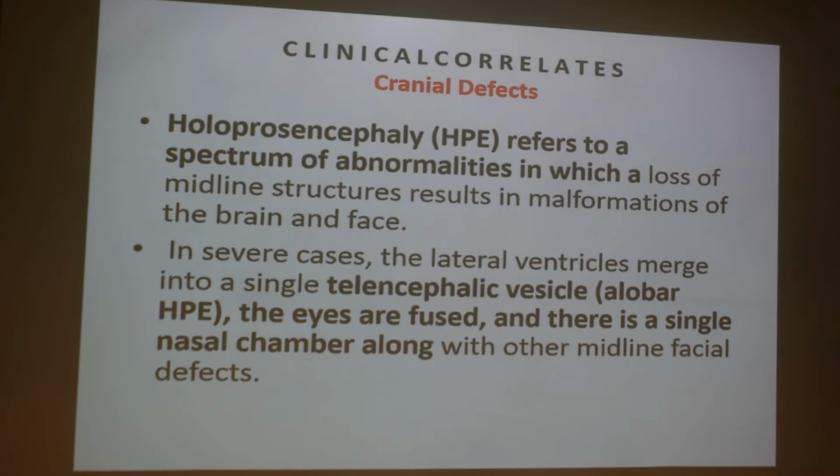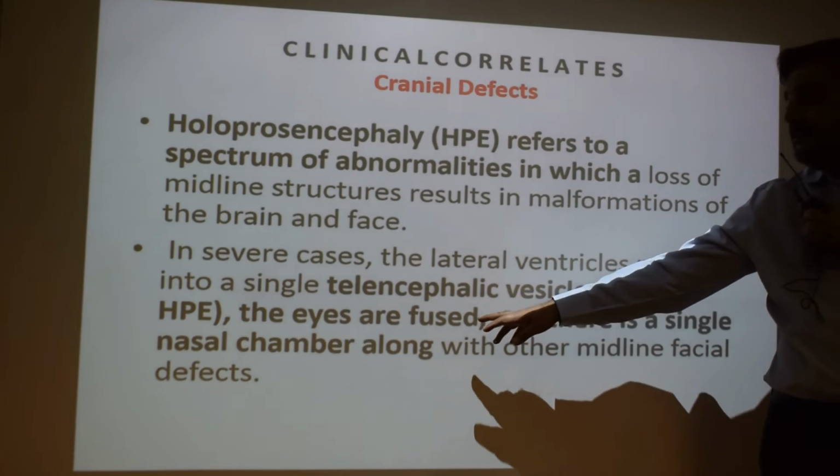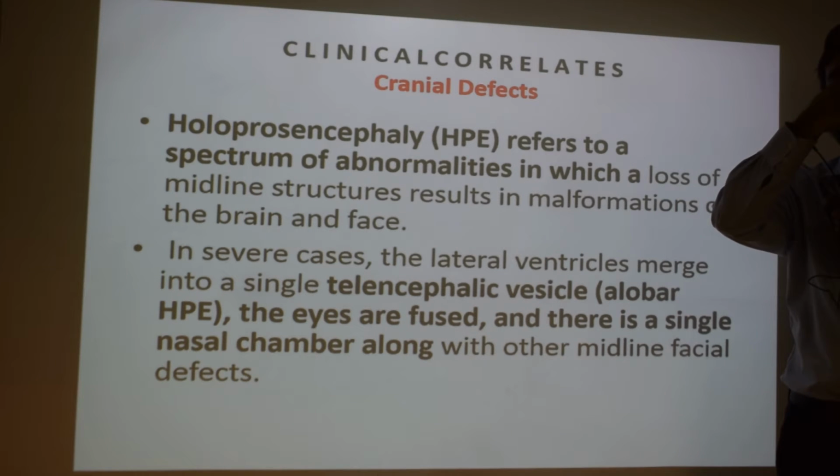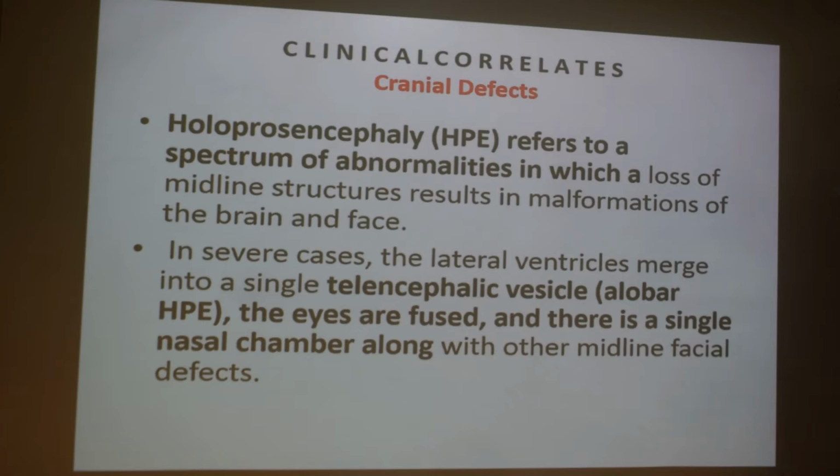So both lateral ventricles are united. So there is one cavity of the lateral ventricle. And similarly, you might have not two eyes, you might have a single eye, a single nostril. So it's a midline deformity where you would not have two telencephalic vesicles, you have one telencephalic vesicle. So you have one cerebral hemisphere, one eye, one nose.